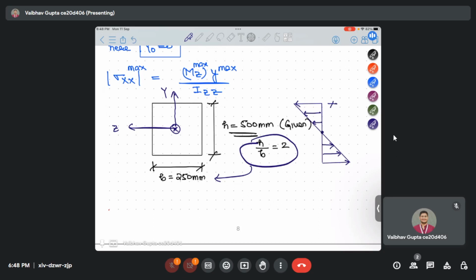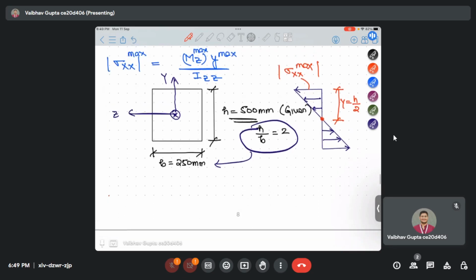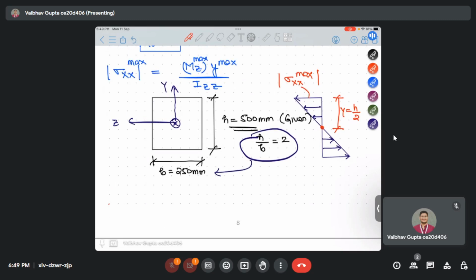This is the CG, from the CG it's acting. What is the distance from the CG? I will draw a different diagram with a different color. So what is the distance y? y will be equal to h by 2, because maximum, this is sigma xx maximum. I will say mod in terms of magnitude. So for maximum sigma xx, y max will be equal to h by 2.